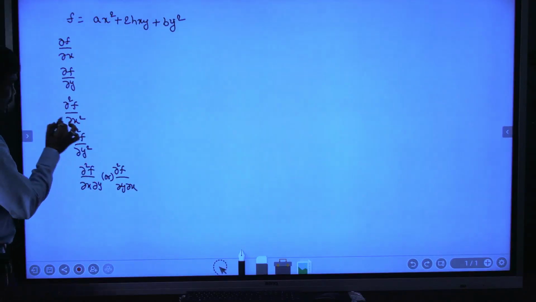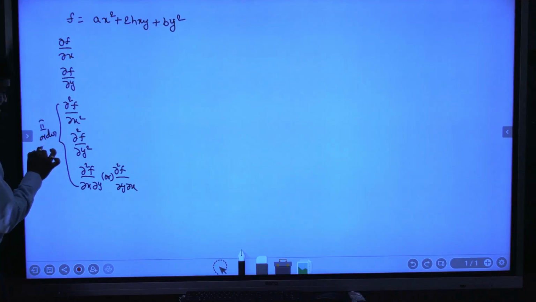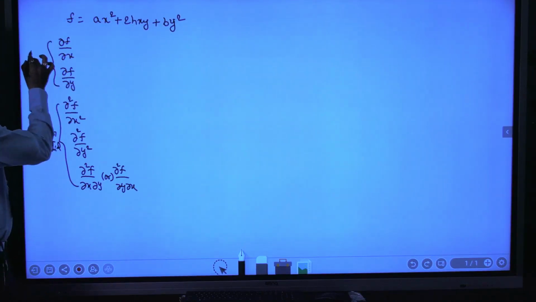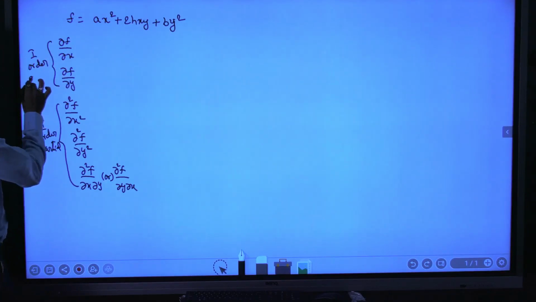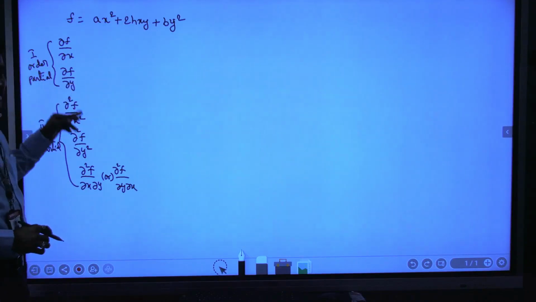These are called second order partial derivatives, right? And those earlier are first order partial derivatives. So, first order and second order partial derivatives.